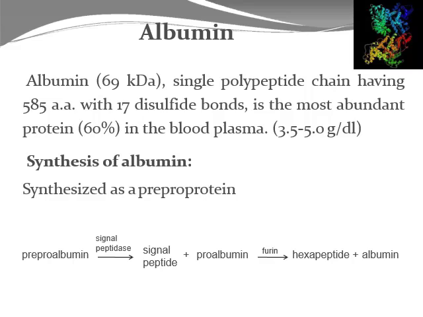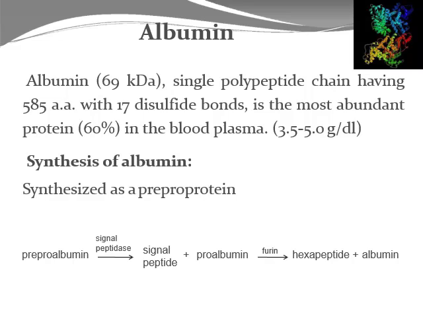Now let's go into details about each of these plasma proteins. Albumin is the most abundant plasma protein that we have in the blood plasma. It's a single polypeptide chain made up of 585 amino acids with 17 disulfide bonds.